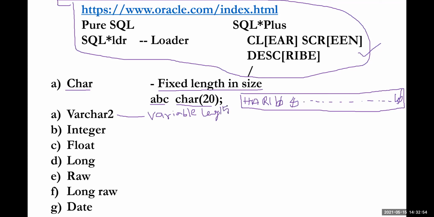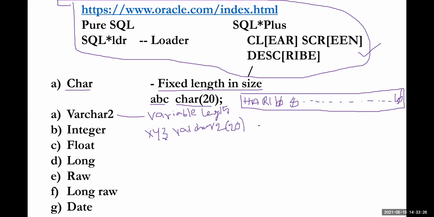Let me take the same kind of definition here: x, y, z, varchar2 of 20. What exactly is it going to use?